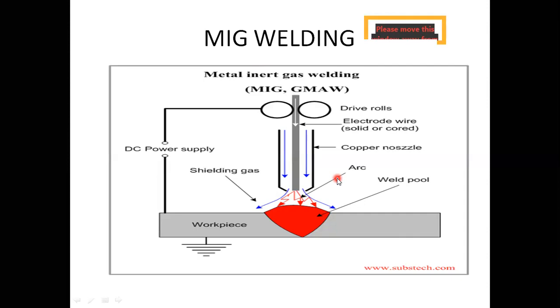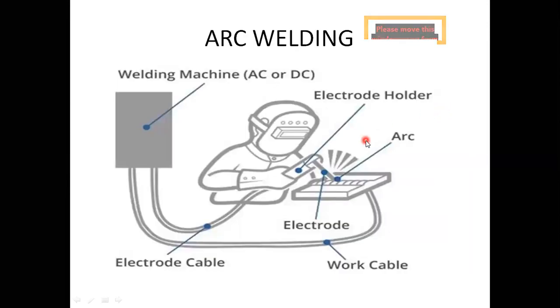Arc welding is a fusion welding process that uses an electrical arc to create heat to melt and join metal. Here you can see a power supply is given. Now an electric arc is formed between a consumable or non-consumable electrode and the base material, using either AC or DC. So you can use AC, you can use DC.